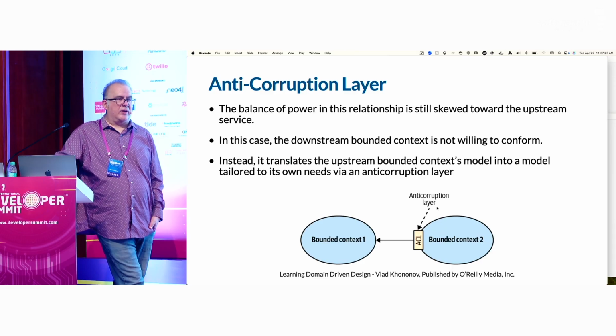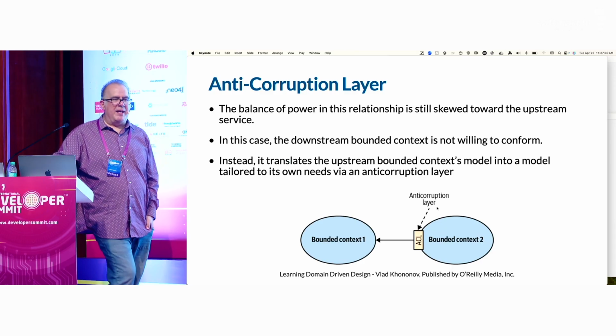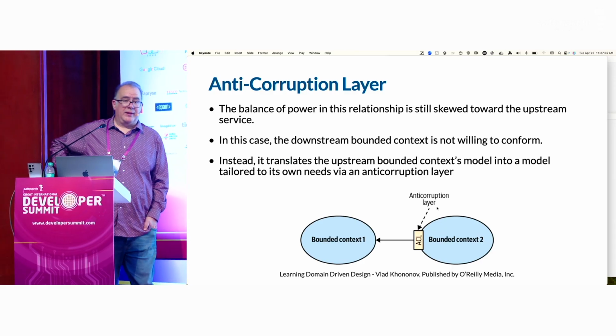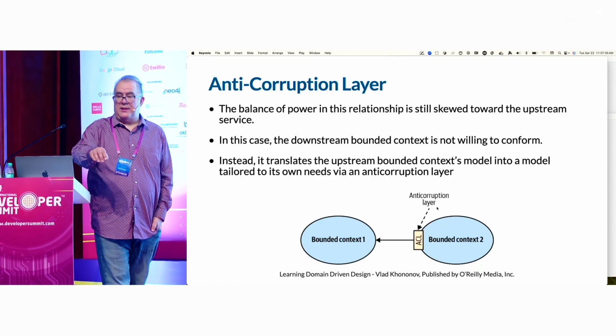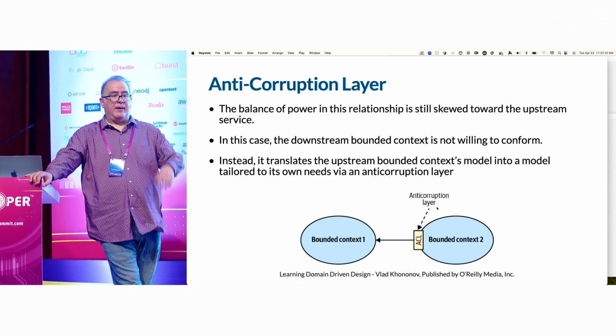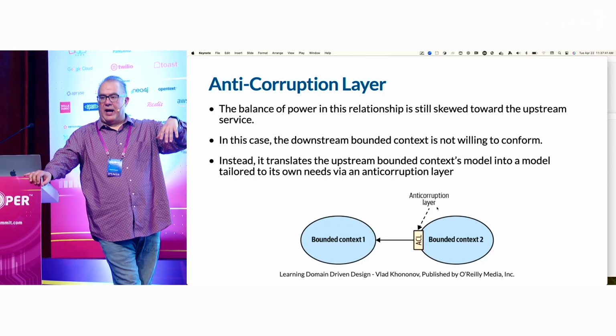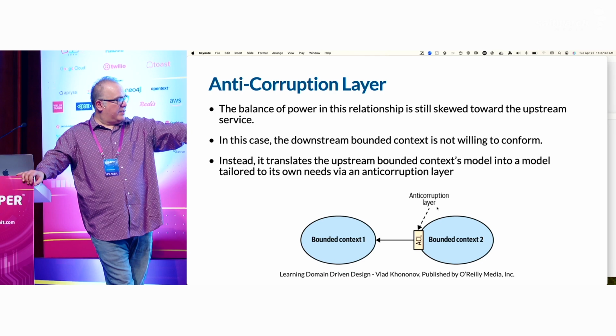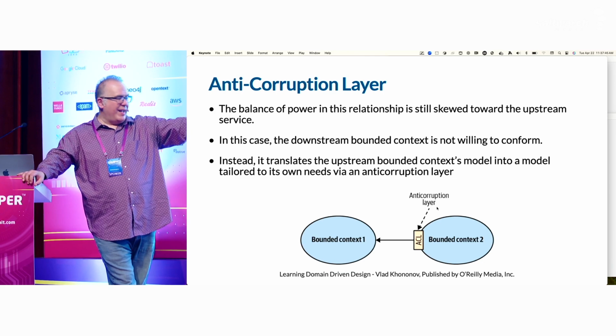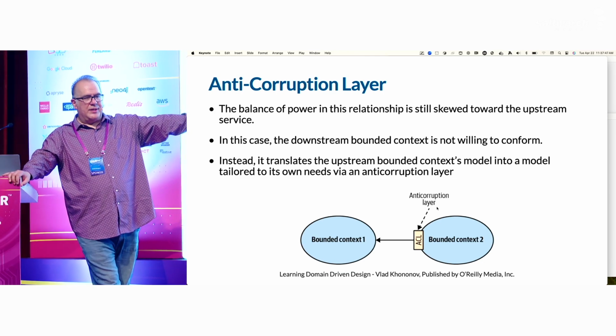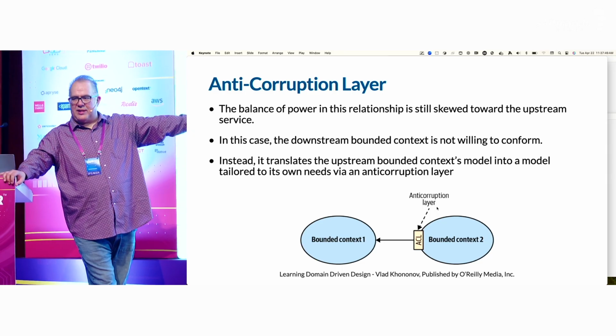The other one's an anti-corruption layer, which I think many use, and you've been using this even though you probably didn't know what an anti-corruption layer is. These could be RESTful calls, or these could be the way messages come into Kafka, right? That's how we link these together. Well, if I don't like the way that message is looking, that's where I can use an anti-corruption layer. Change the schema around.